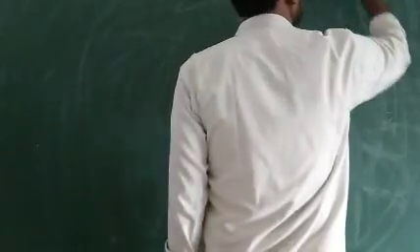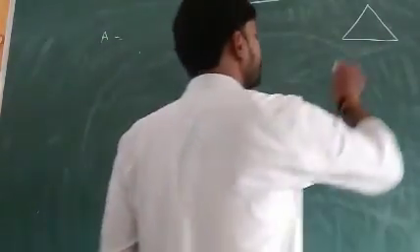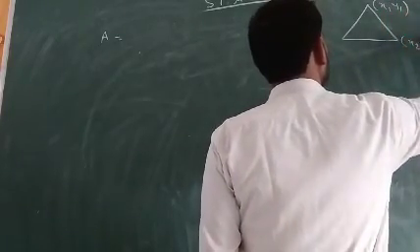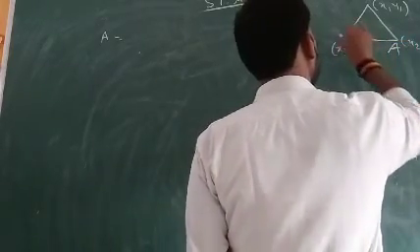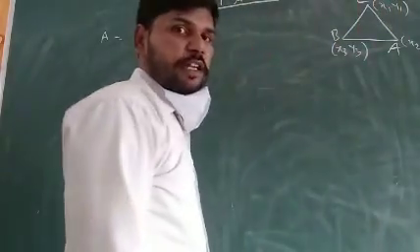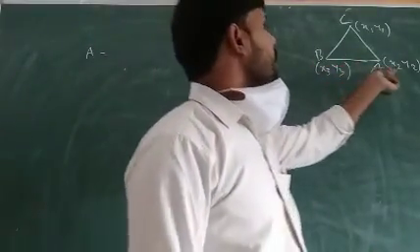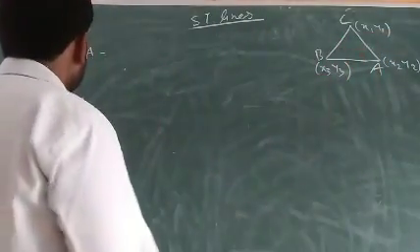For the area of a triangle whose three coordinates are A(x1, y1), B(x2, y2) and C(x3, y3), whatsoever the coordinates may be, they can be used in this formula.